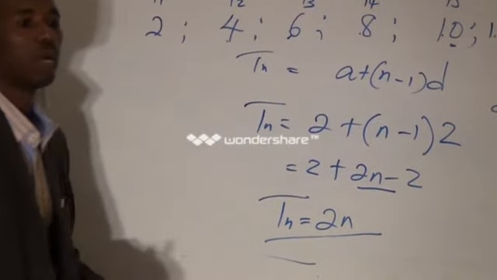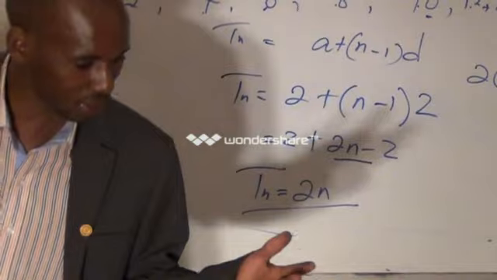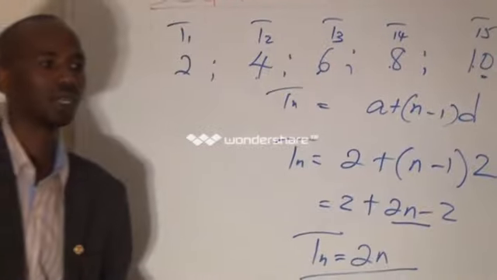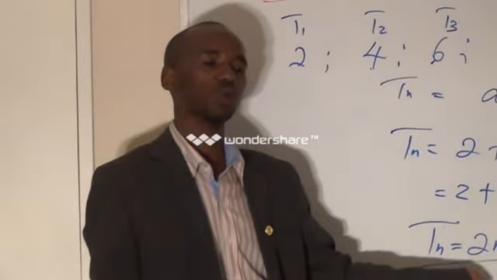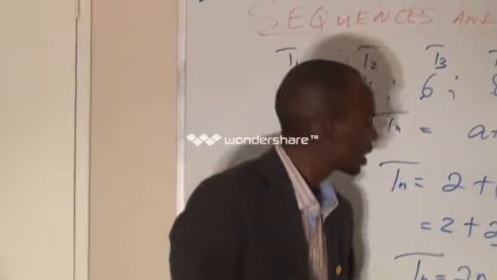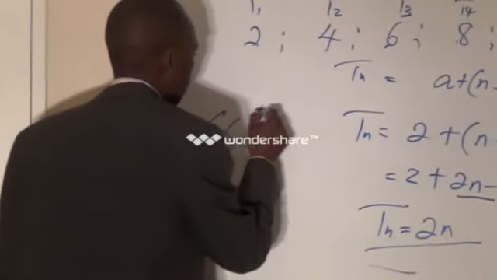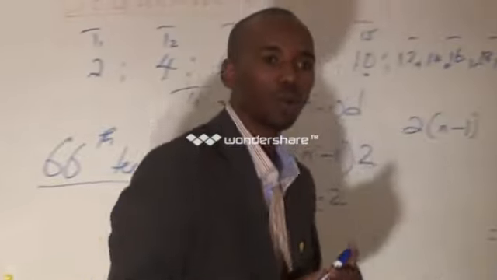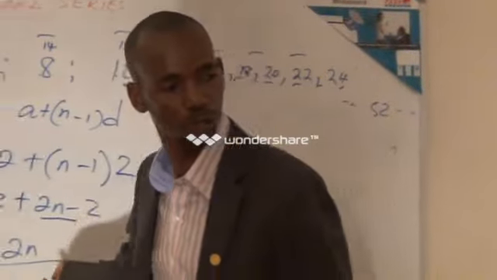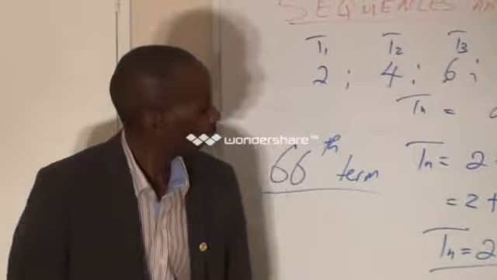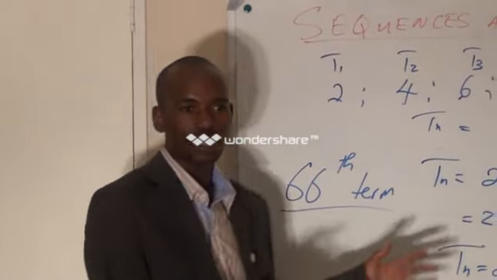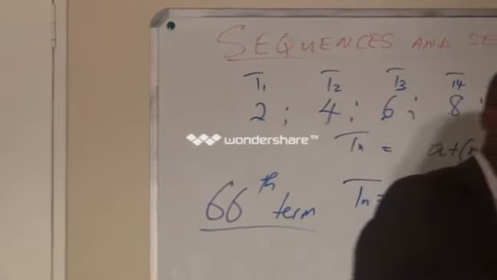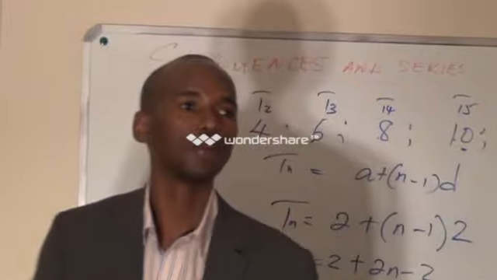So if I were to ask you now, what is the 20,000th term? It's 40,000. Do you agree? It's n times 2. What is our 66th term? What is it? 132 is 66 times 2. Correct? Good. So we can easily write the general term, in this case, as 2n.